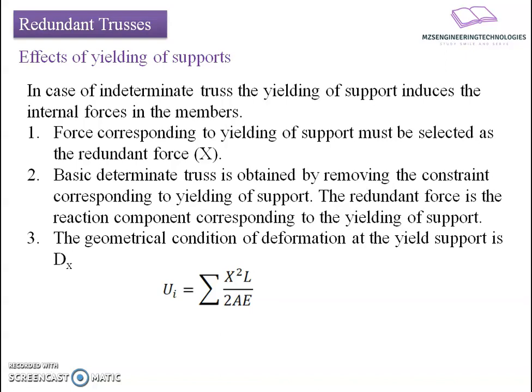And vice versa. After knowing the redundant force, we'll apply the concept of strain energy here by using Castigliano's second theorem, by taking the partial derivative of the total strain energy possessed by a body under the effect of the redundant force with reference to the redundant force, and we will try to maximize or minimize that value.